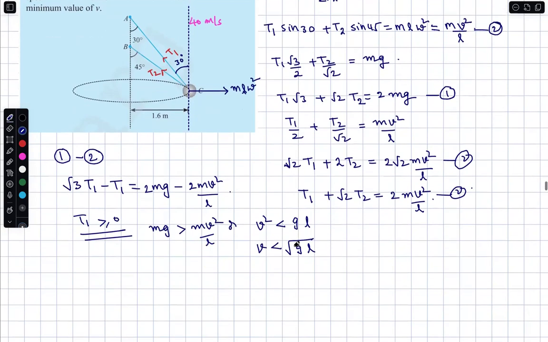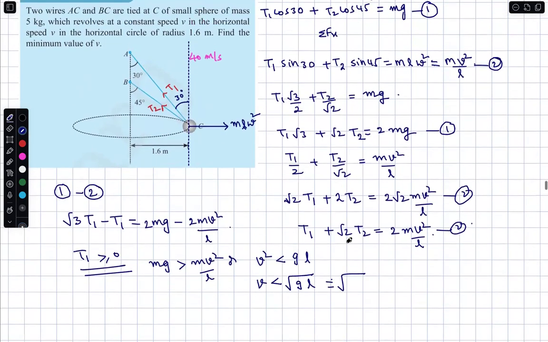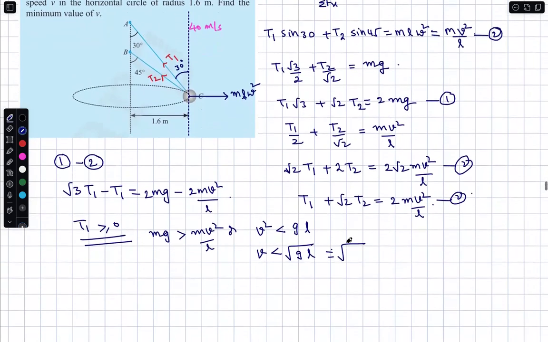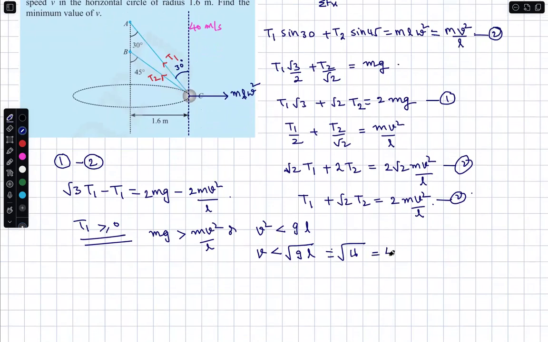Root gL means root of 10 into 1.6, so root 16, which is 4 meter per second. That's the deal. So this is how I will do the question.